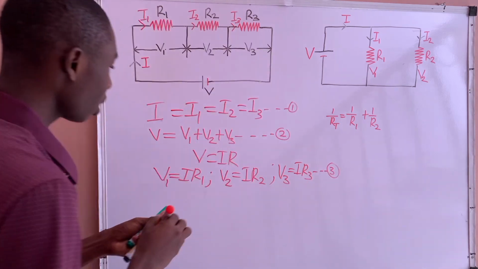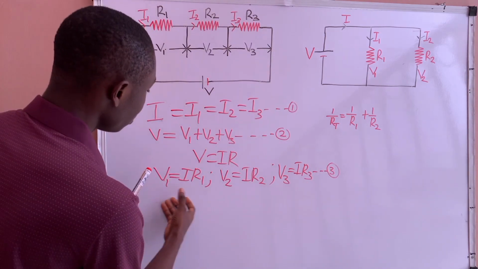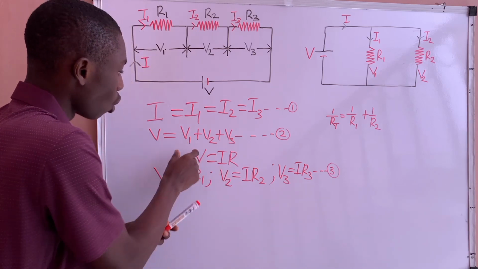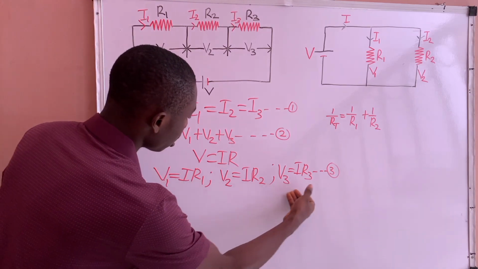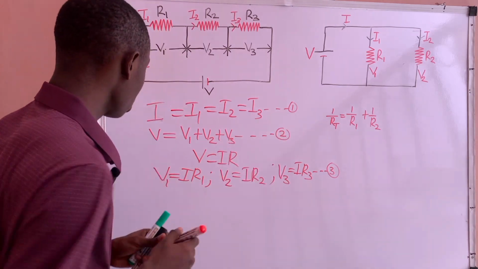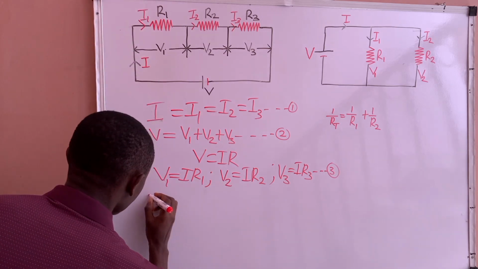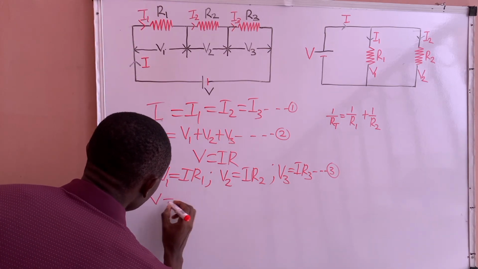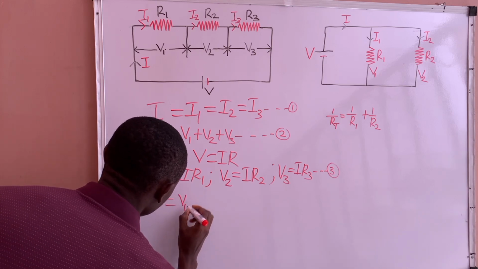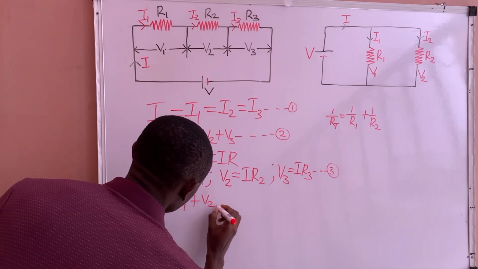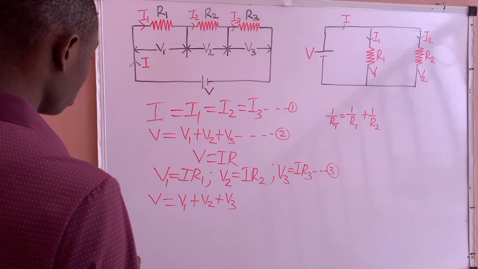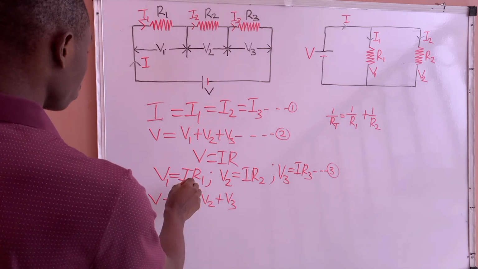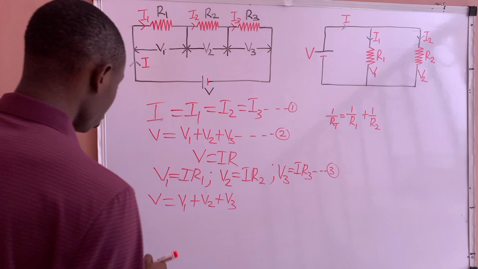Okay, since we have gotten the value of the individual voltage drop across the individual resistors, we can now substitute these values into equation 2. So let me write the equation down: V is equal to V1 plus V2 plus V3. At this point, we can substitute the value of the individual voltages.